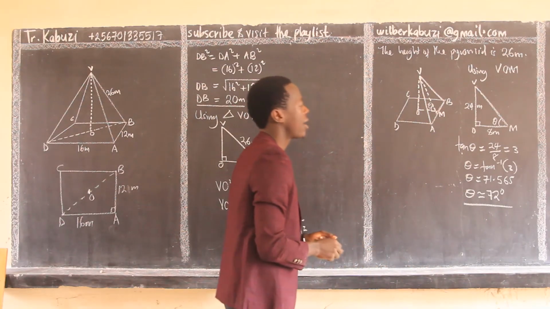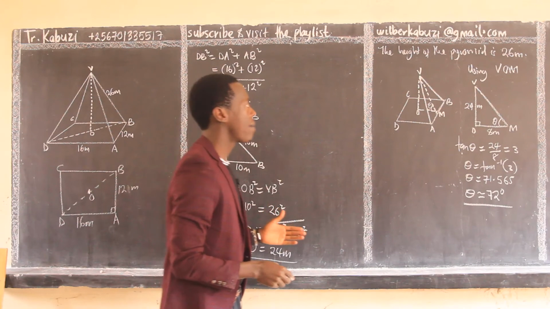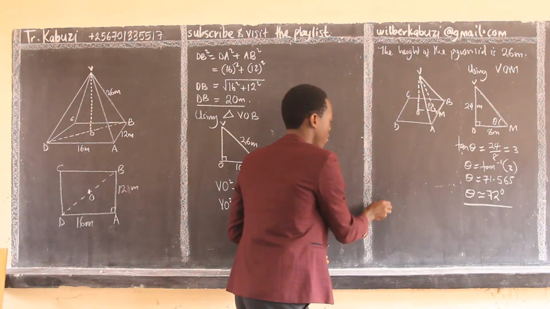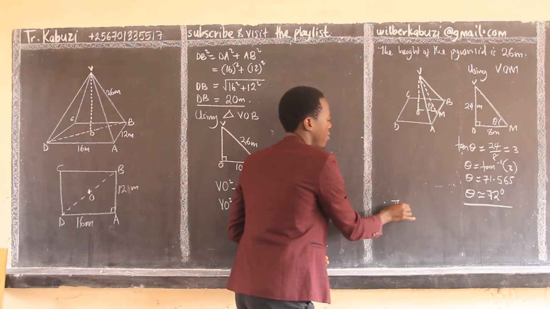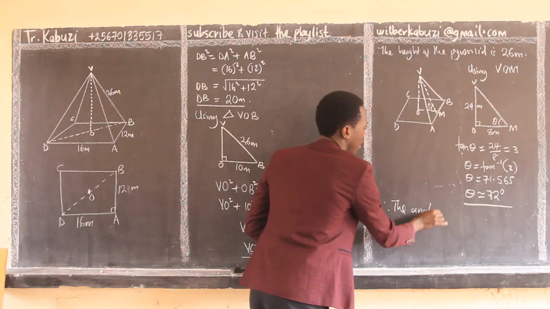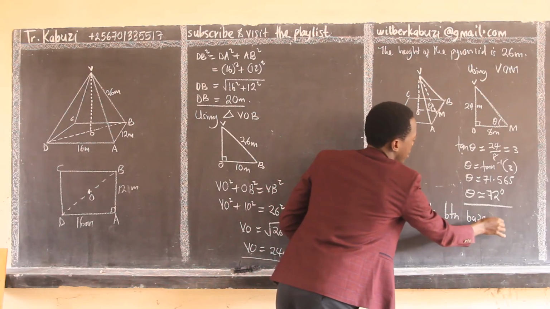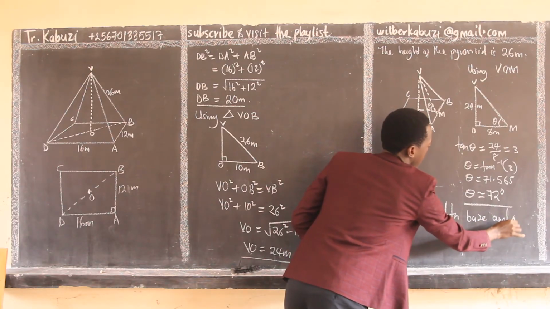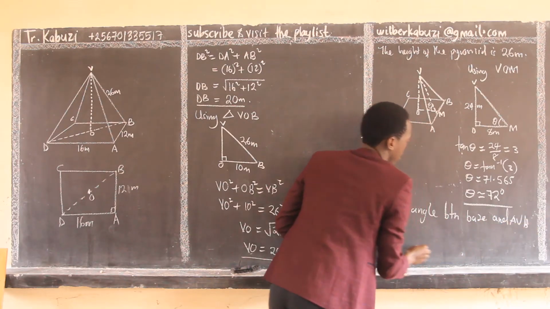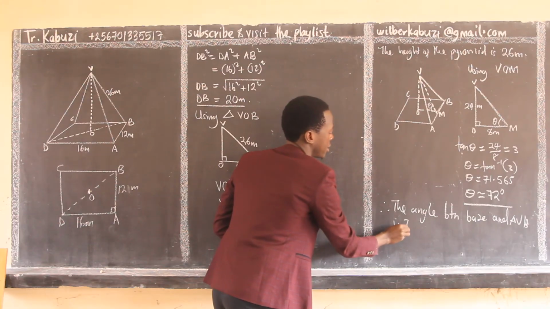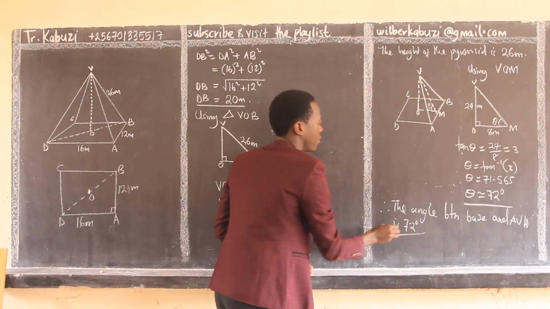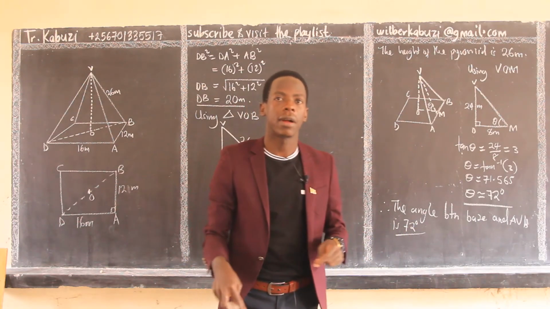So that will be the angle between the base. Now you reply and respond that the angle between the base and AVB is 72 degrees.